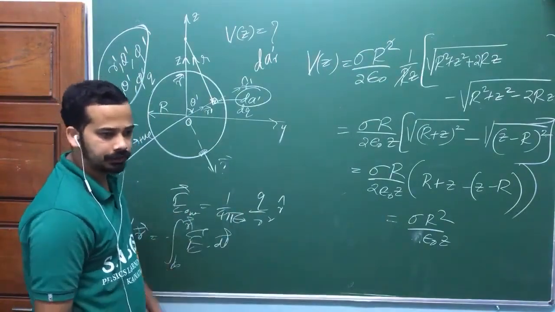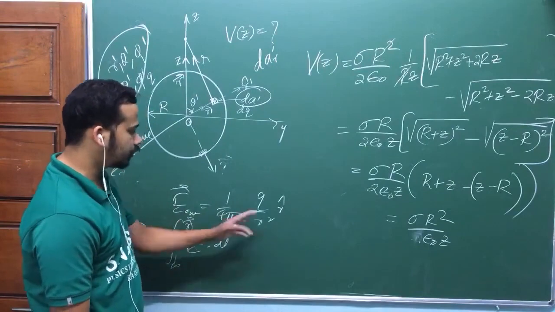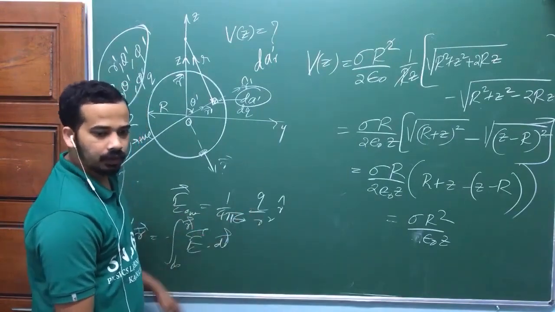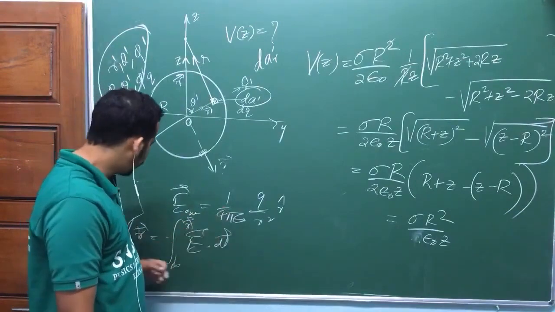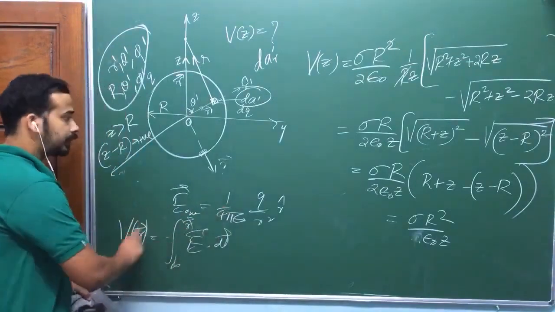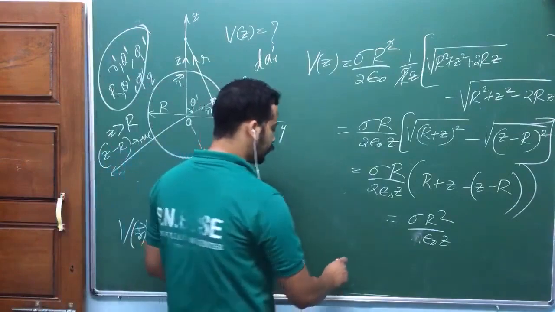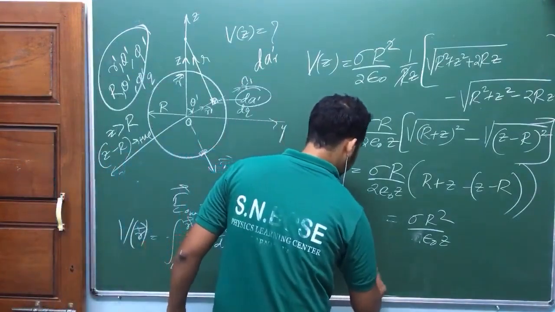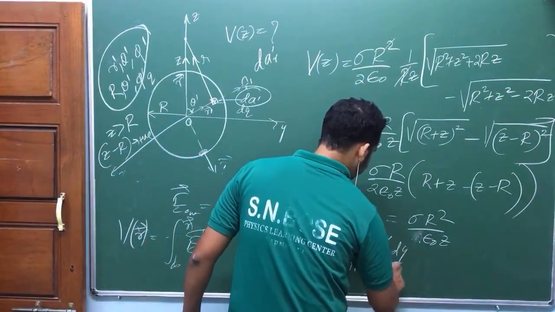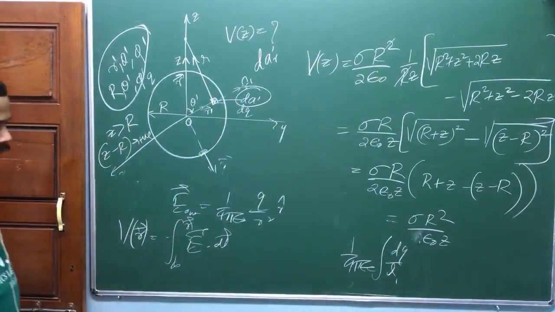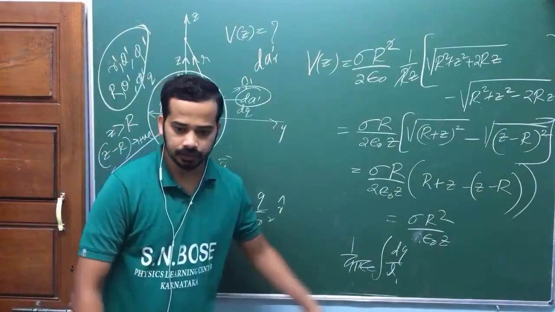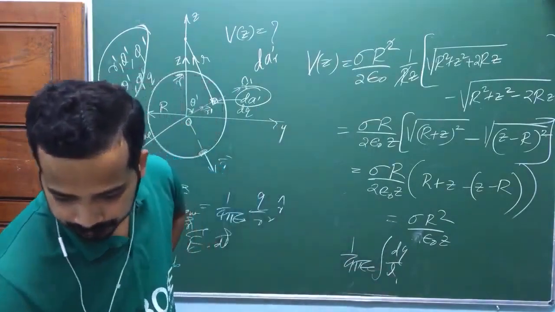That was easier, because according to Gauss law we know the electric field, and Gauss law would have helped us find the electric field, and from the electric field you can find the potential. But here you find directly the potential using 1 by 4 pi epsilon naught integral of dq divided by the separation r. That was actually more difficult. Is that okay? Because it is a spherical integral, isn't it?